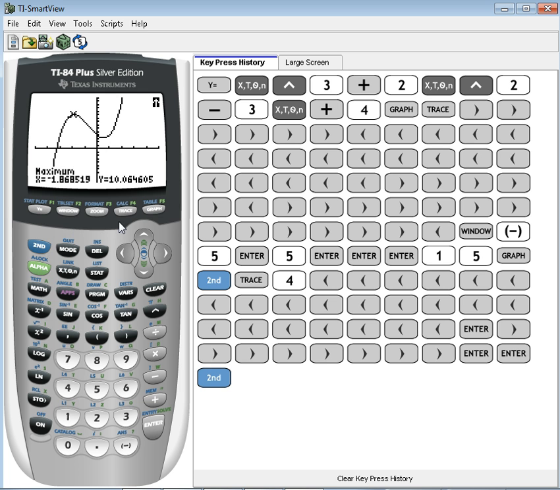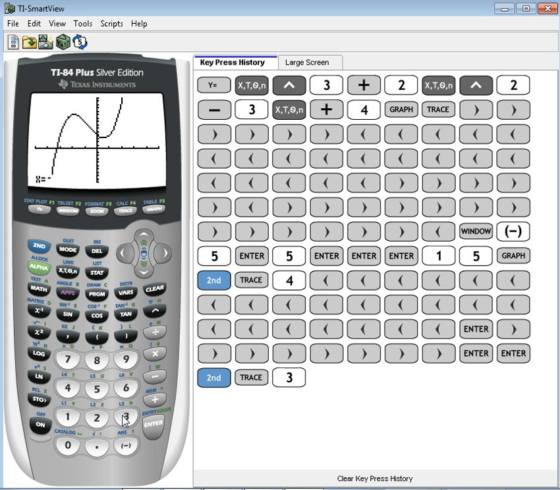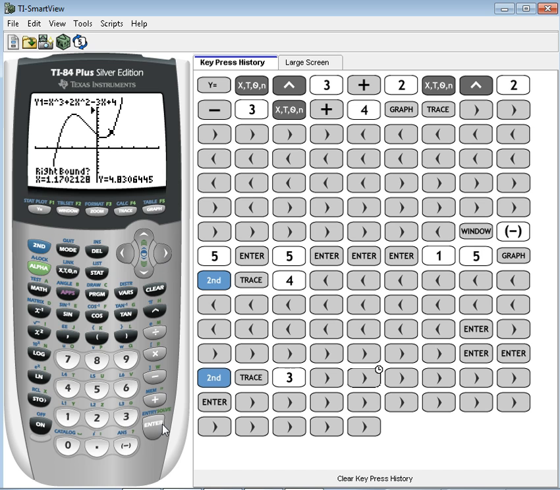Go second trace again. This time pressing the number 3, which corresponds to the minimum function. Again, I'm going to take my cursor over close to where the minimum y value is occurring. I'll choose that as the left bound. I'll move a little further to the right, maybe there for the right bound. Hit enter.